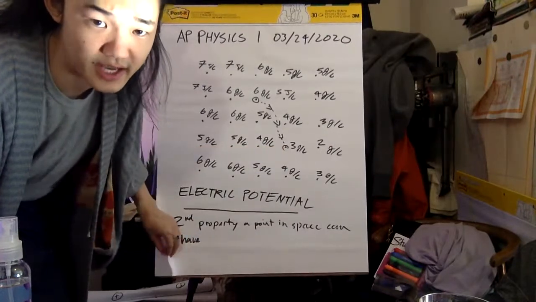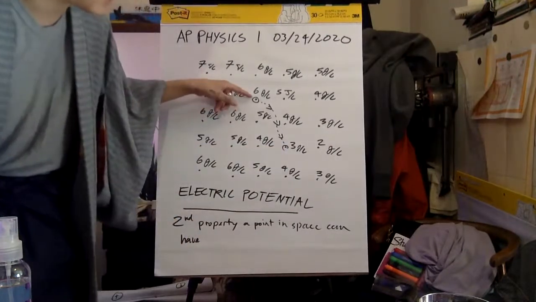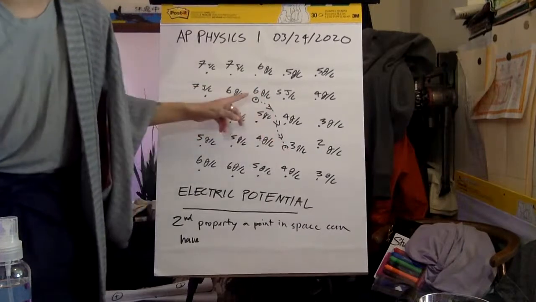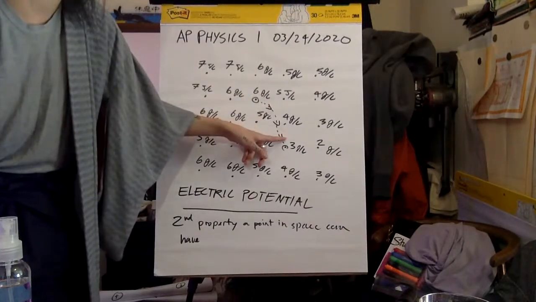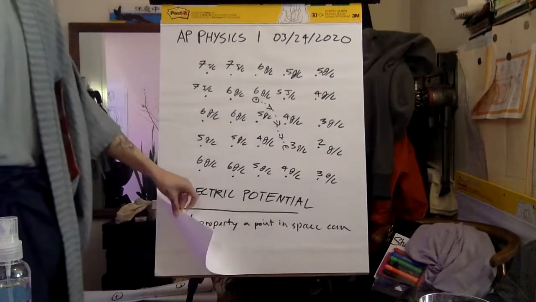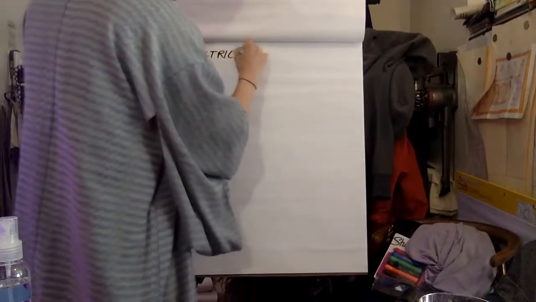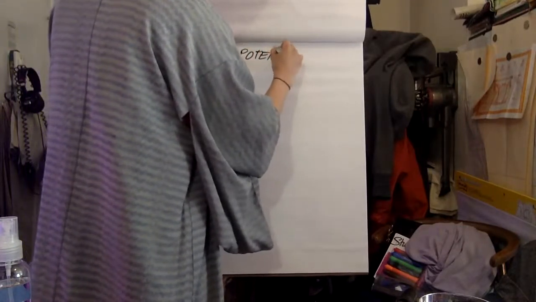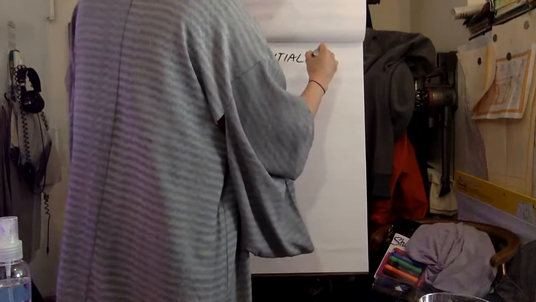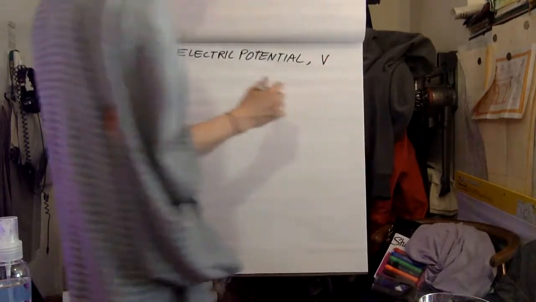So in this example, which you should have drawn in your notes, an object going from a region with 6 joules per coulomb to a region with 3 joules per coulomb, what we say is the change in potential, and we abbreviate electric potential with the letter V.